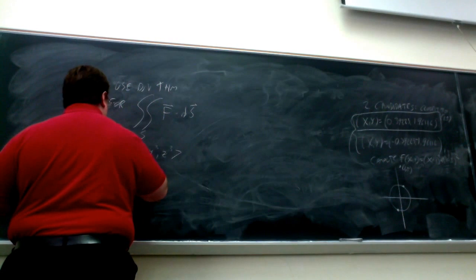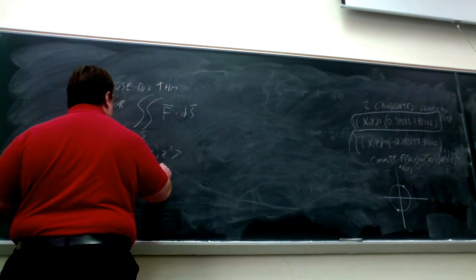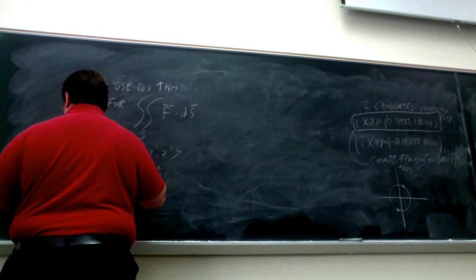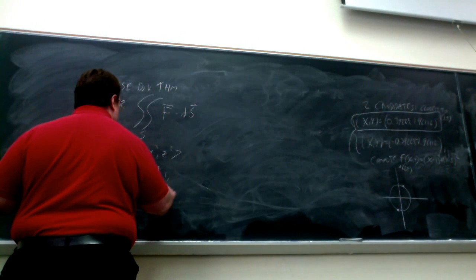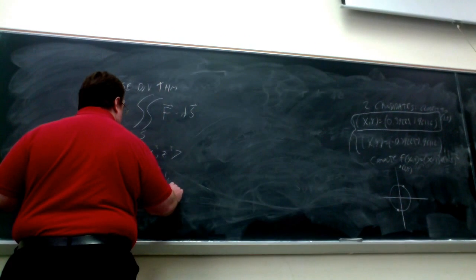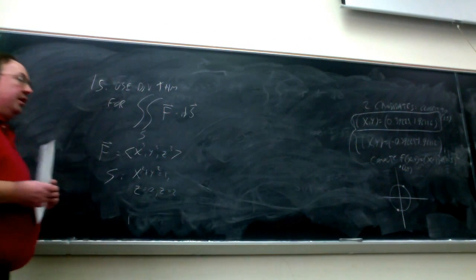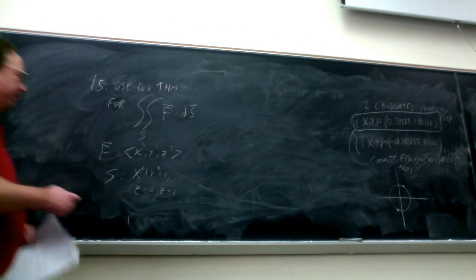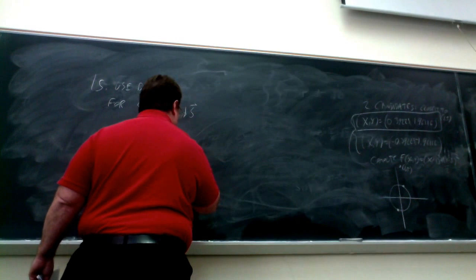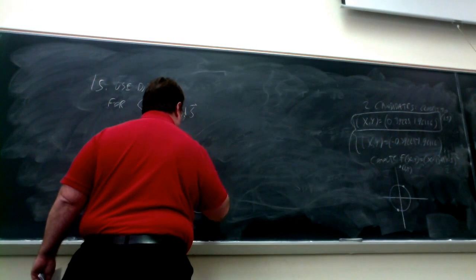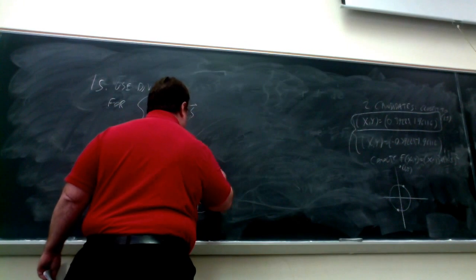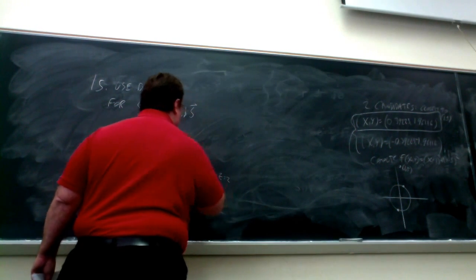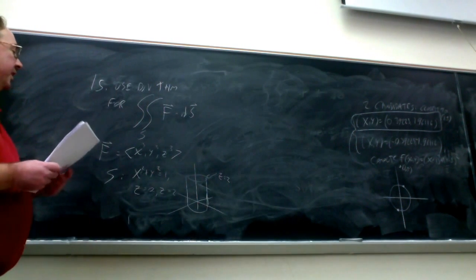okay, so it's x squared plus y squared equals 1, so it's a cylinder, with boundaries z equals 0 and z equals 2. So you have this, z equals 2 is the top of the cylinder.